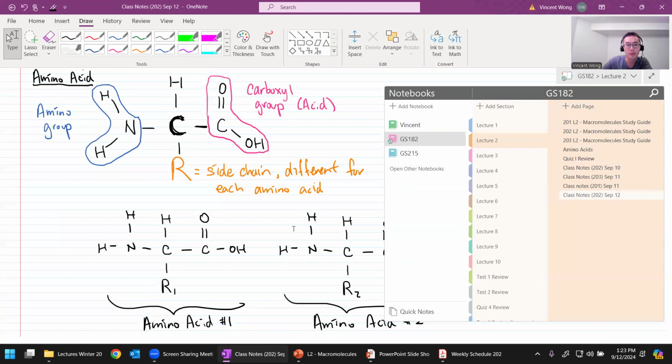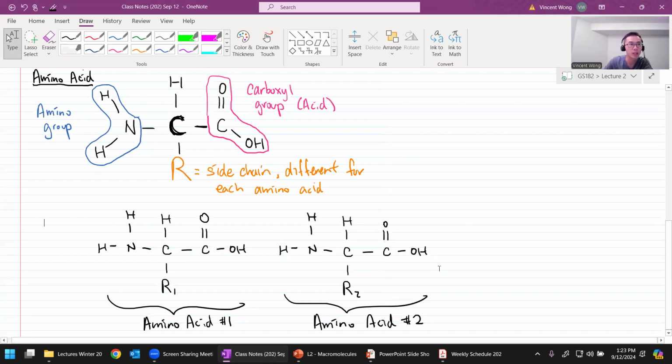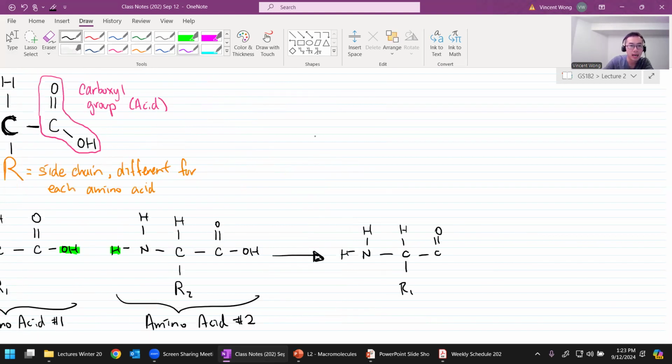So that's what we're gonna do here. We are going to do dehydration synthesis, which means we will remove an OH here and we will remove an H here. So afterwards, again, don't draw this. I just want you to see it so you have an understanding of what's going on. Okay, R1, and then C double bond O. And now I'm going to form a bond that's going to connect these two things together.